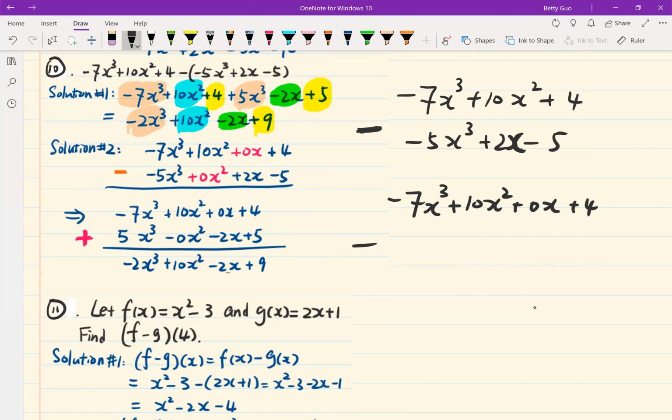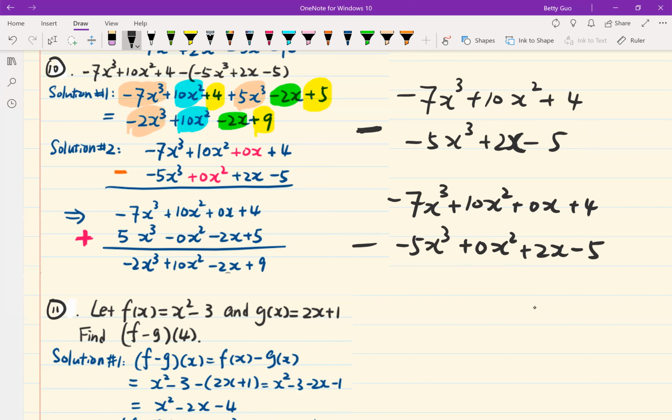And then minus the second polynomial is -5x cubed plus 0x squared, because the second polynomial is lacking an x squared term, plus 2x minus 5. Yeah, so it's very important we have those like terms aligned in the two polynomials.